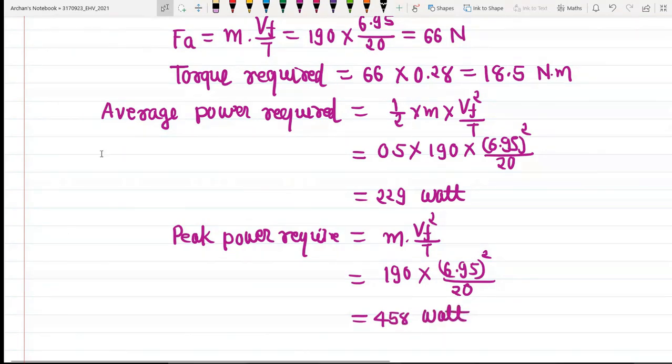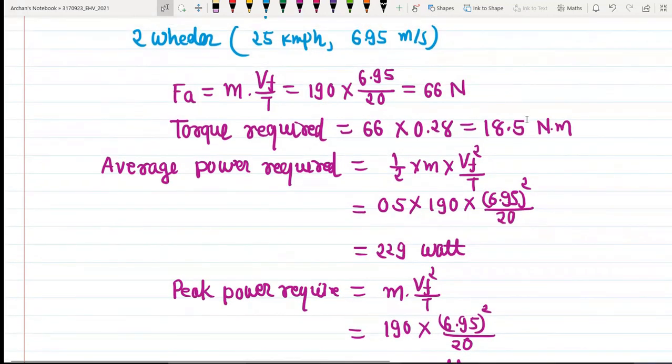So for a two-wheeler to reach 25 km per hour in 20 seconds, the average power required is 229 watt and the maximum power required is 458 watt.